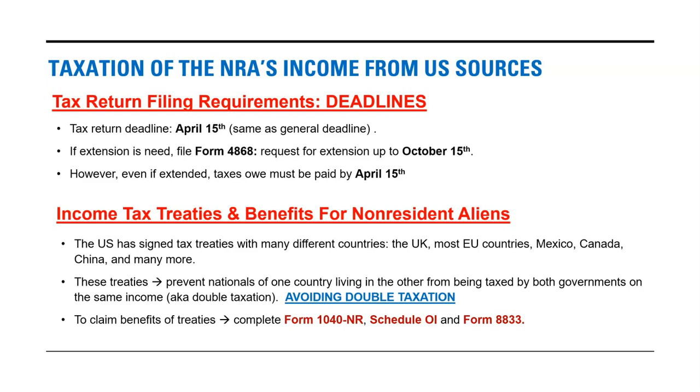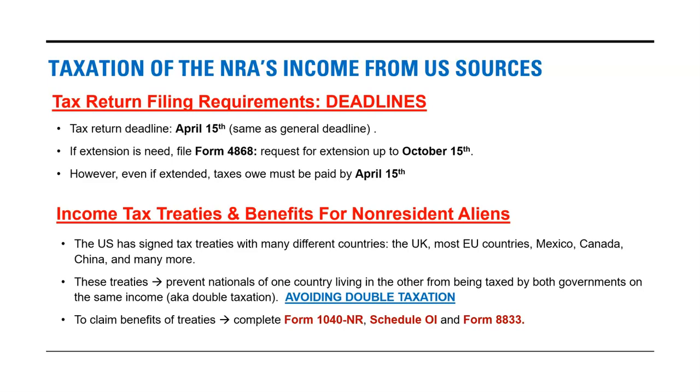Income tax treaties and benefits for non-resident aliens. Actually, we know that governments sign tax treaties, or agreements, with other countries, and one of the main reasons is avoiding double taxation of the same income.